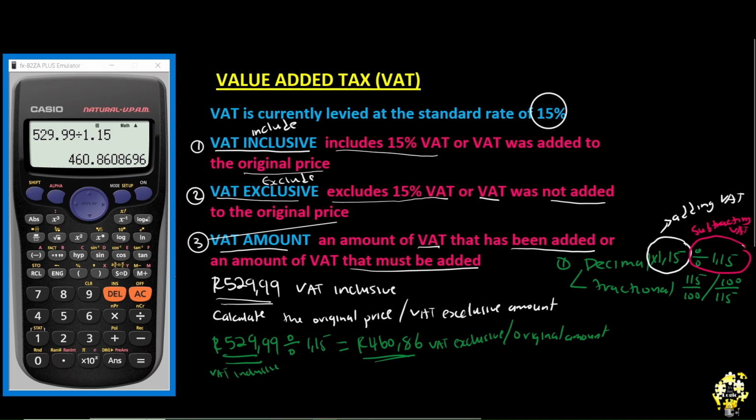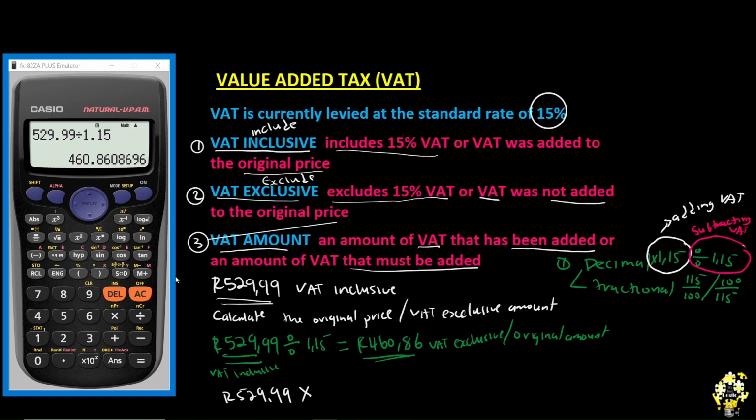How can we now use the fractional format? Well, let's do the same thing. 529.99. Now, with the fractional format, there is no dividing. You have to multiply both times. But with which one do you multiply? Because we are taking out VAT, we want to get the original amount. That means 115 or 100.